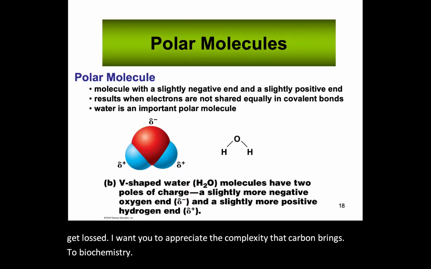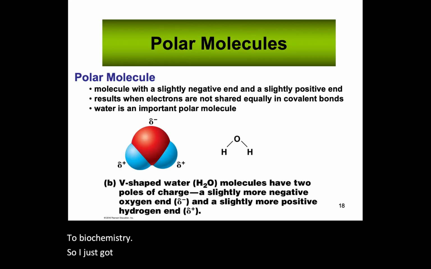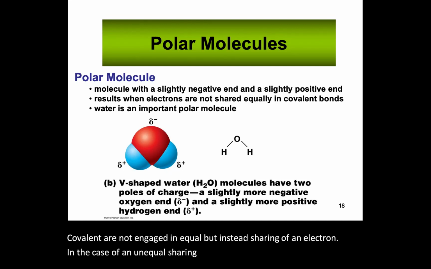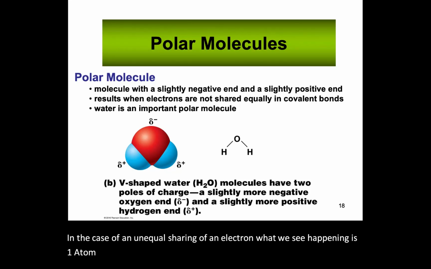So I just got done mentioning that sometimes covalent bonds are not engaged in equal sharing, but instead unequal sharing of an electron. In the case of an unequal sharing of an electron, what we see happening is one atom is monopolizing the electrons more than another atom or other atoms.